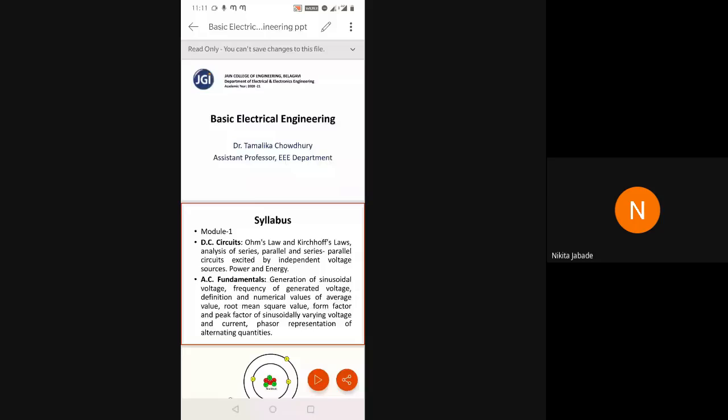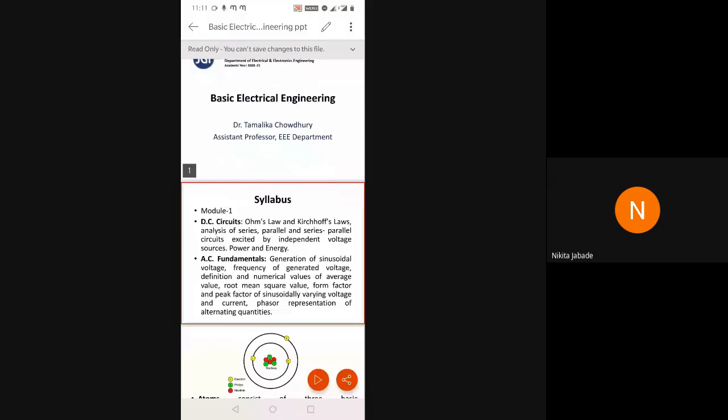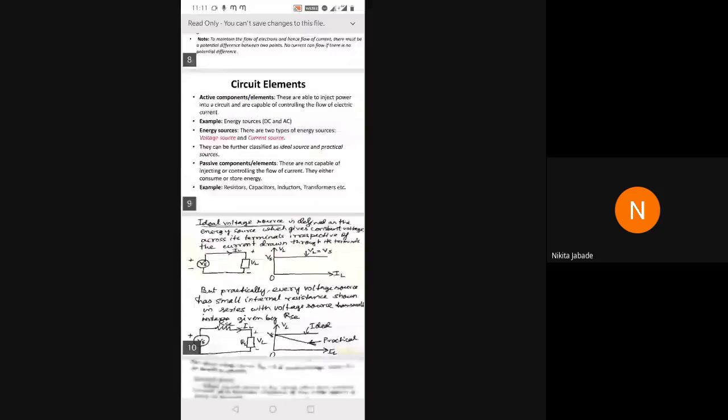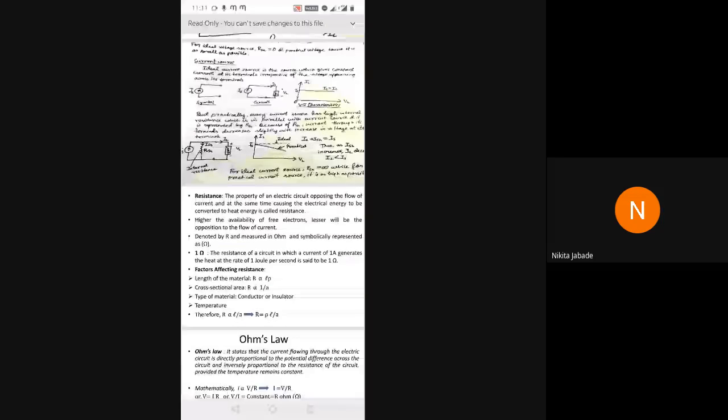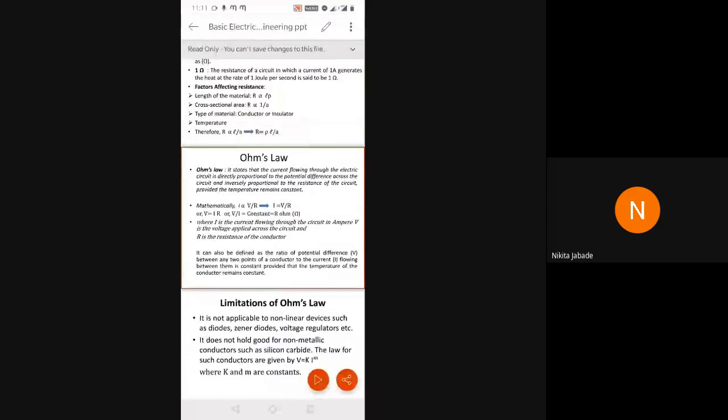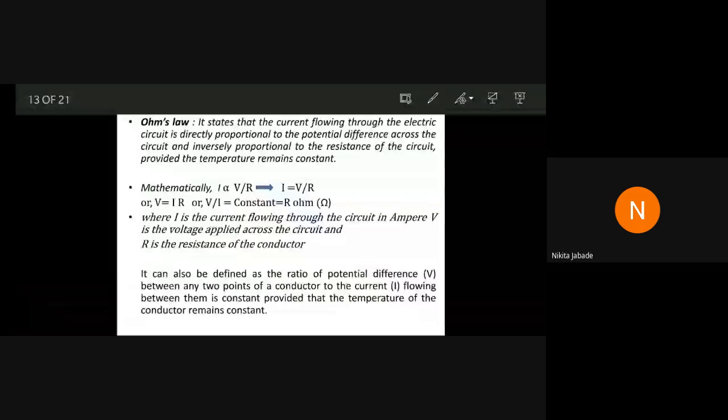So, we just go back to where we left off. This was our Ohm's law.